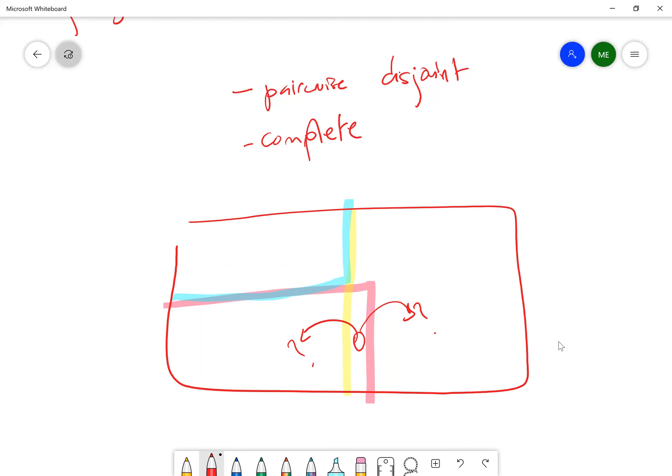Okay, so everybody, can you see the issue if I have a partition scheme that is not pairwise disjoint and is not complete? Everybody follow me on this? All right, good.